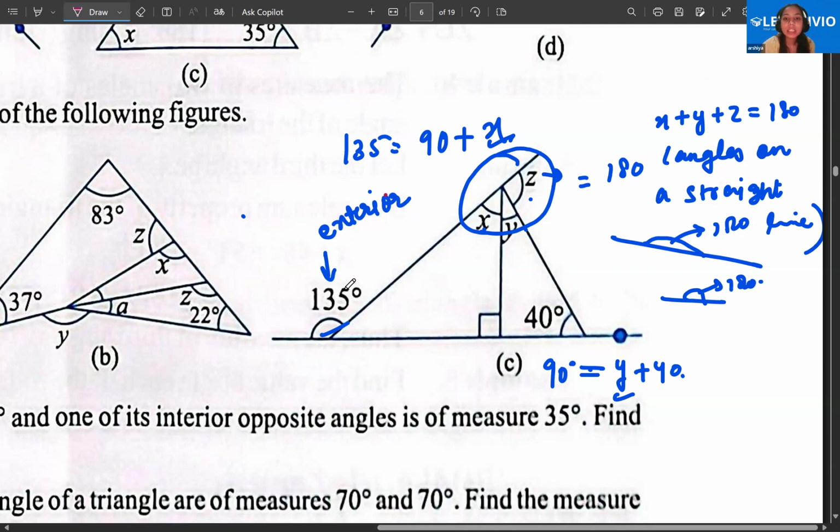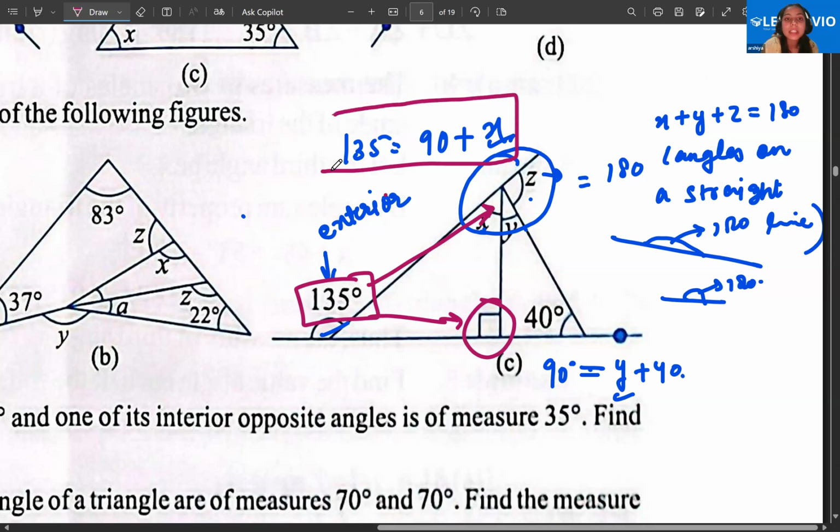You can clearly see that 135 is outside the triangle. And if this is outside, what two are on the inside? The opposite of them: X and 90 degrees. This is the sign for 90 degrees. So you can write that 135 is equal to 90 plus X. From here, you can find the angle X.